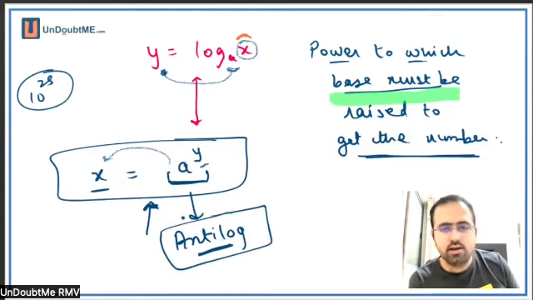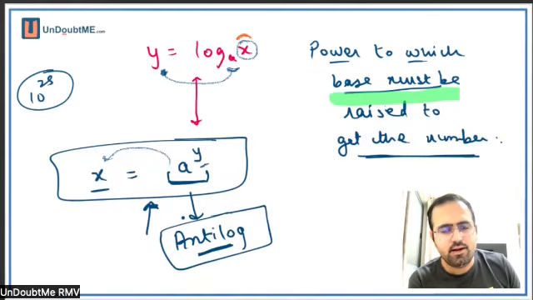Just a question, sir. I have understood this concept because we did it in school once also. But what I didn't understand is how you explain that 10 raised to the power of 25 can be stored easily by writing log 25. Log without anything will obviously mean log base 10, right?